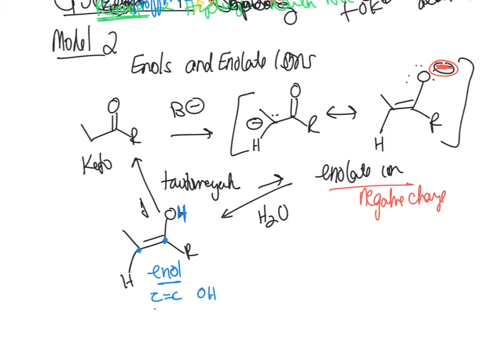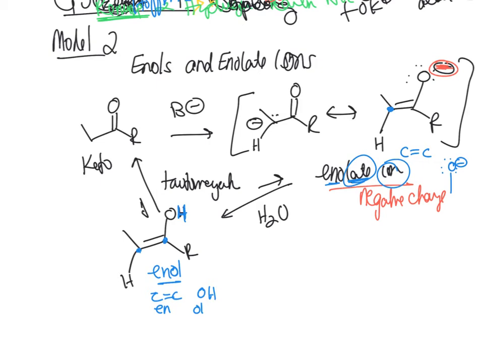So there's your enol. Here you have the ene, carbon double bond carbon, and then it's an olate. So there's your negative charge, the anion, enolate.